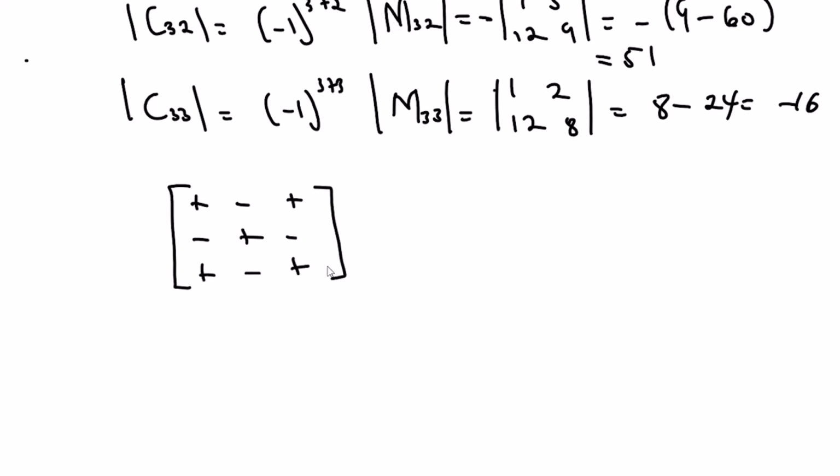So when you calculate the minor of each element, then you assign the sign to it. So let's say the first entry, after calculating the minor, I got negative 34. Now the first one is positive, meaning that it is still going to be negative. What if I have just positive 34? It is still going to be positive.